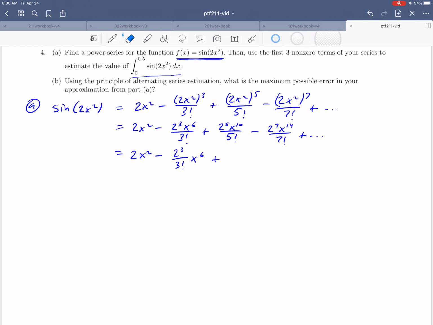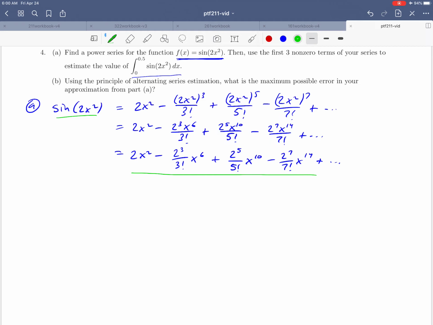I want to be sure that you can see that that's 2 to the 5th and not 25. Okay, and so what we have here is the answer to the first part of the question. There's a series that represents the function sine of 2x squared.